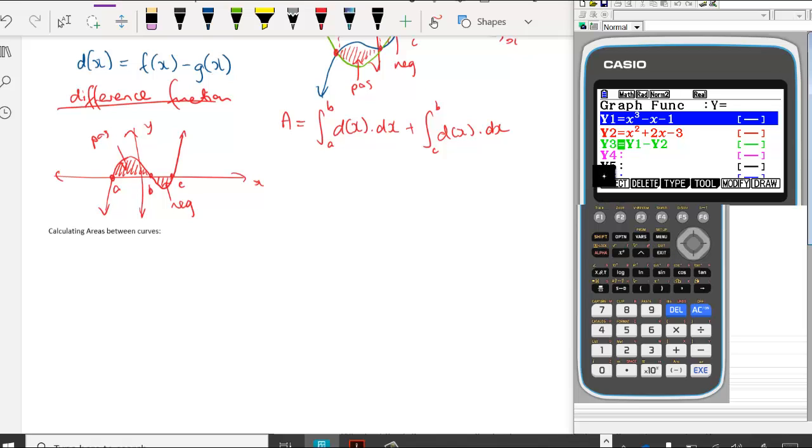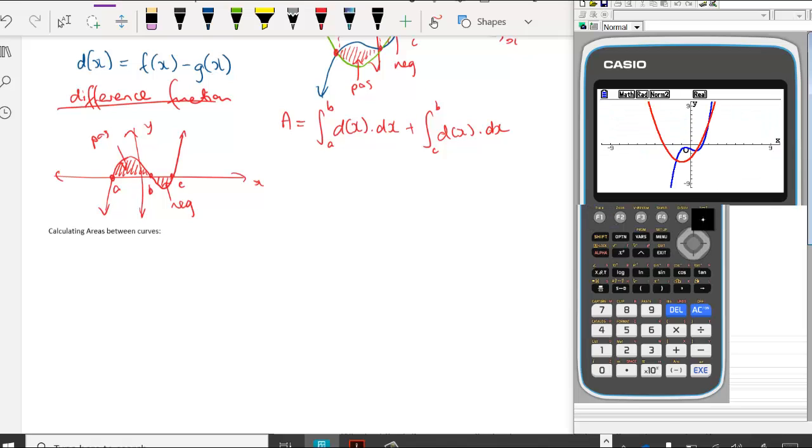So if we go back, I'm going to use not the difference function, but the other two functions, and I'll select, and we can draw. First of all, we'll need our intersection points. So x-intercepts will be, we'll go G-solve and intersect, so that's F5. We've got negative 1.62.